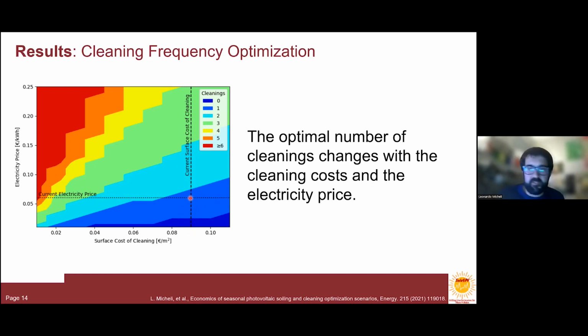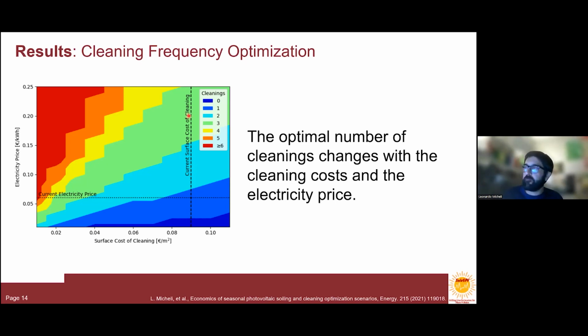However, if the electricity price increases, the reward for producing electricity also increases. And therefore, for example, if we had an electricity price of 10 cents per kilowatt hour, we would recommend cleaning that site twice per year rather than once in order to maximize the profit.